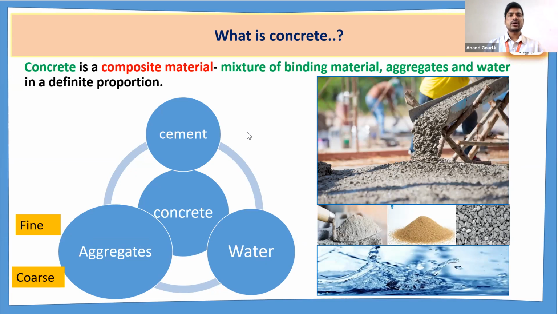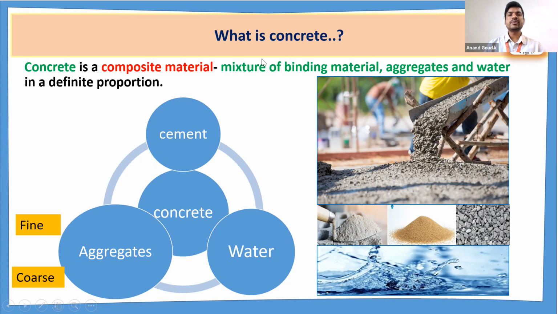So concrete is a composite material which is prepared by using cement, aggregate and water, or else you can call it a mixture of binding material. Binding material is nothing but the material which is having a binding property.